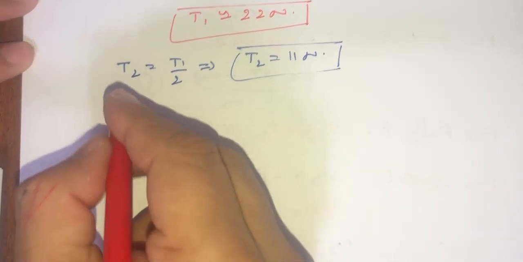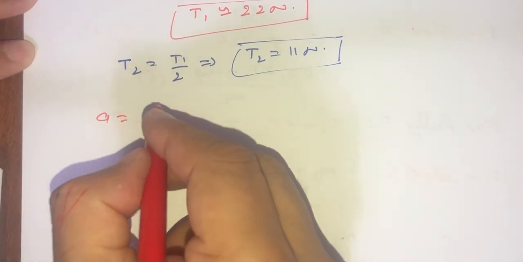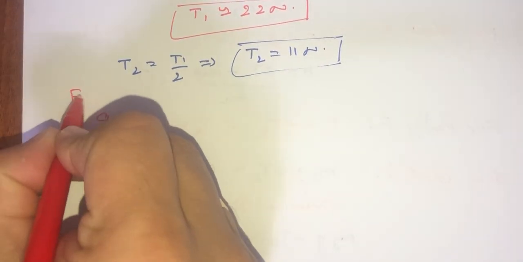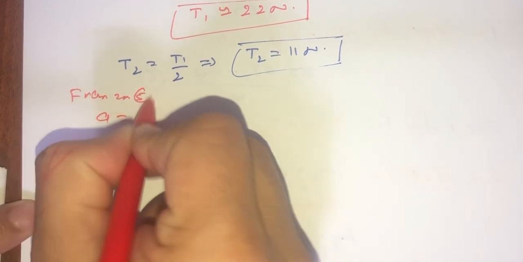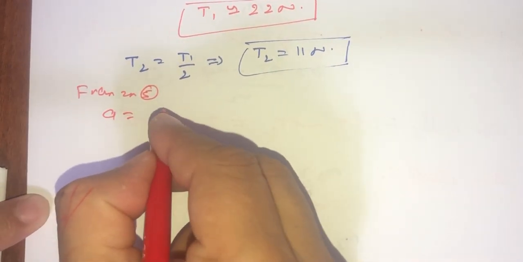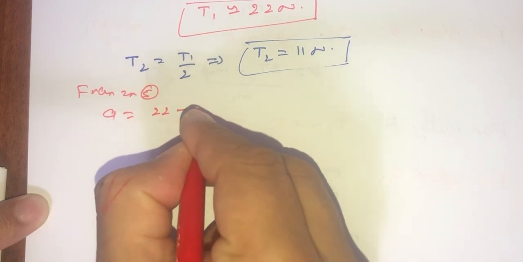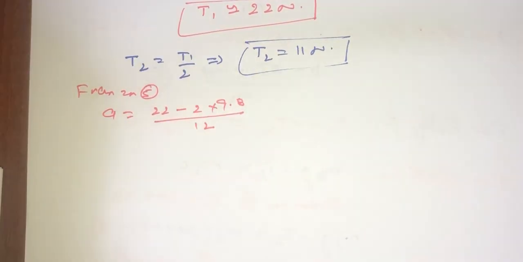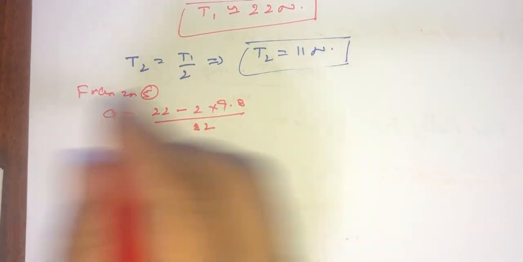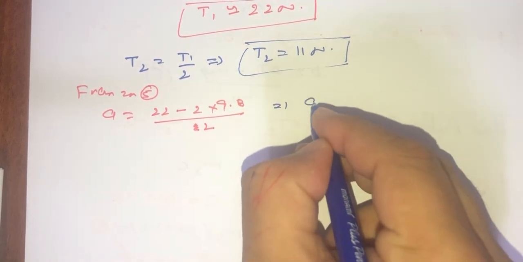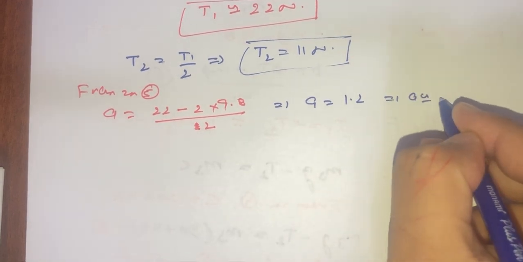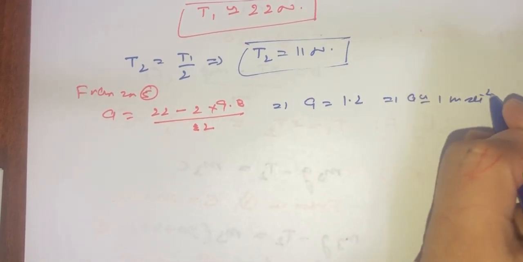Now we can also find out value of A. We already have equation 5, so from equation 5, A is equal to 22 minus 2 into 9.8 divided by 2. From here we can find out value of A, which is 1.2, and A can be approximately equal to 1 meter per second square.